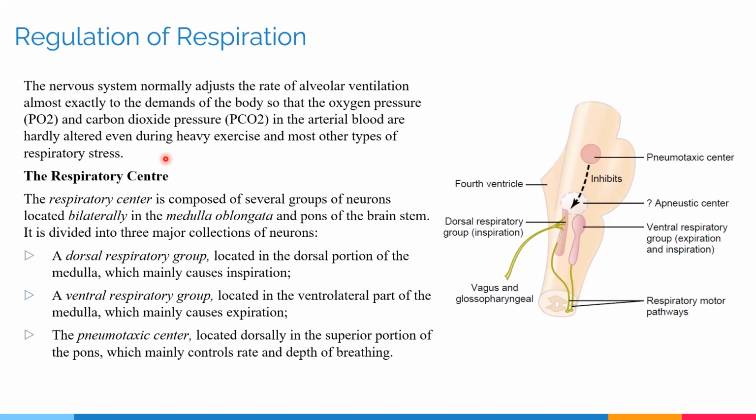But during heavy exercise or in an active state, when our muscles are working more actively than normal and the requirement of oxygen is higher in order to produce energy, the respiratory system is still able to keep up with the increased need of oxygen and subsequent removal of carbon dioxide.